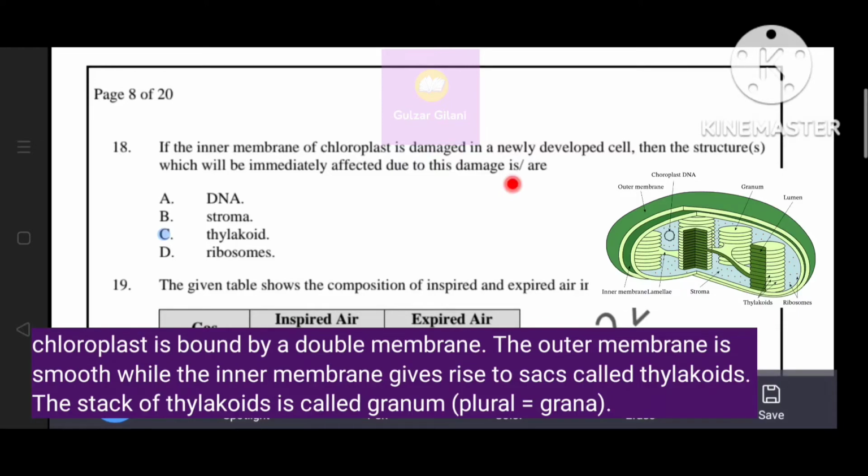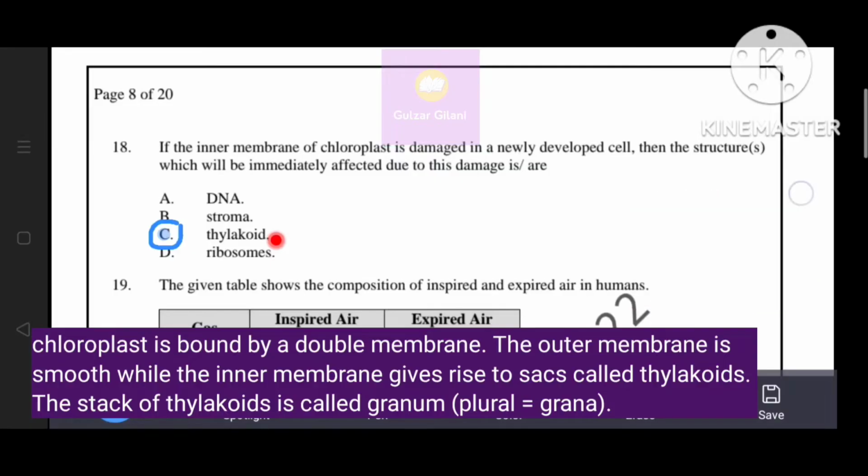The stack of thylakoids is called grana. That's why the correct answer is option C, that is thylakoid. If the inner membrane is damaged, then immediately affected is thylakoid. Means option C, thylakoid is the correct answer.